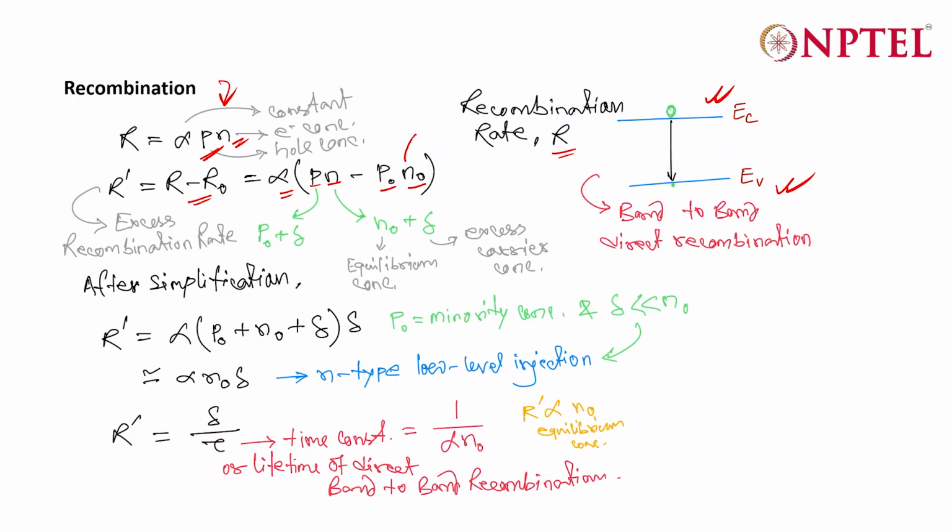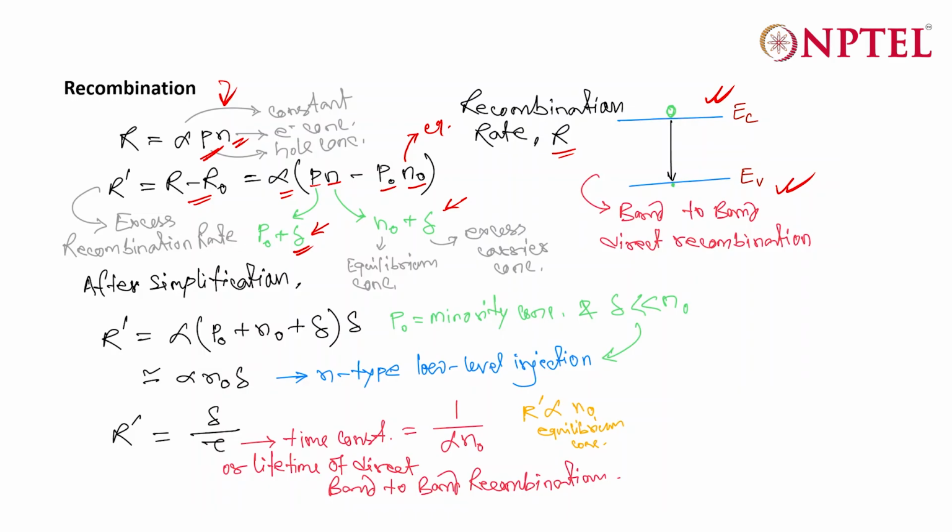They are equilibrium concentrations. Now, in this case, P is nothing but P0 plus delta, where delta is the excess carrier concentration, and N is nothing but N0 plus delta, where delta is again the excess carrier concentration. And in both the cases, delta is same because excess carriers generate in pairs, right?